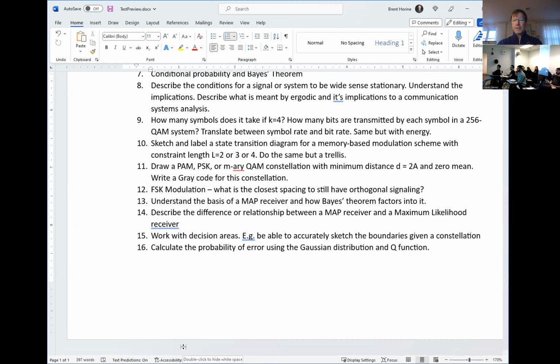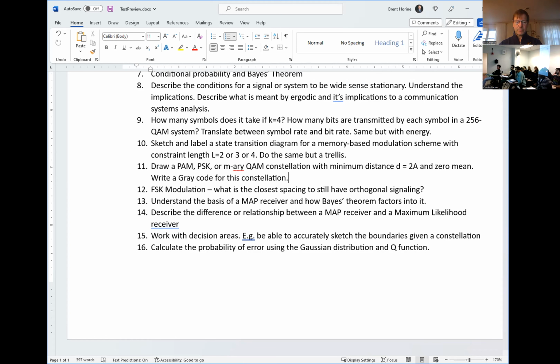You can just kind of brute force it, try a few things, and really look at understanding the concept that in a Gray code, you're only flipping one bit at a time for the adjacent constellation points, the ones closest to it. Obviously, it gets a lot more challenging for larger constellations.